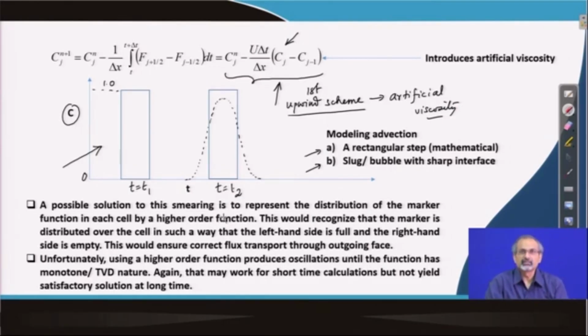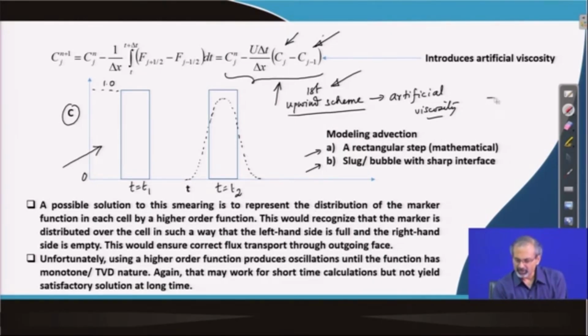So, often these advections have to be tracked over longer times, and we have to make sure that the errors do not accrue. Now, a possible way out of this is to replace this first order upwind scheme by a higher order reconstruction. Here it essentially means that you are taking contributions from each cell in the form of a constant value, that means a stepwise distribution.